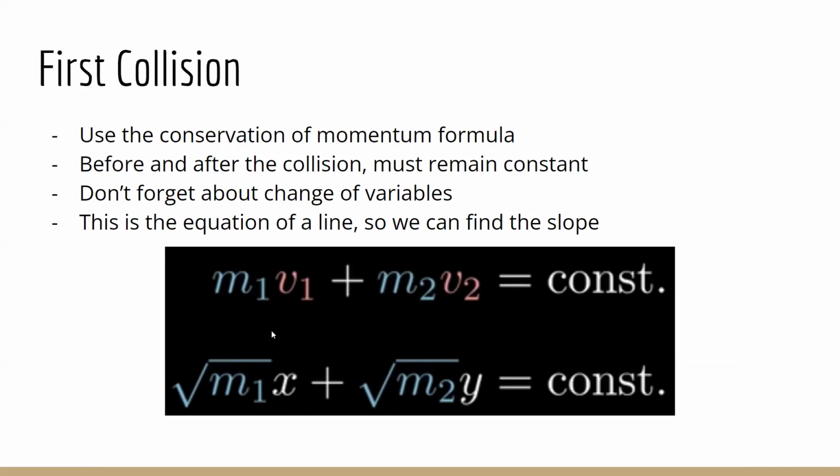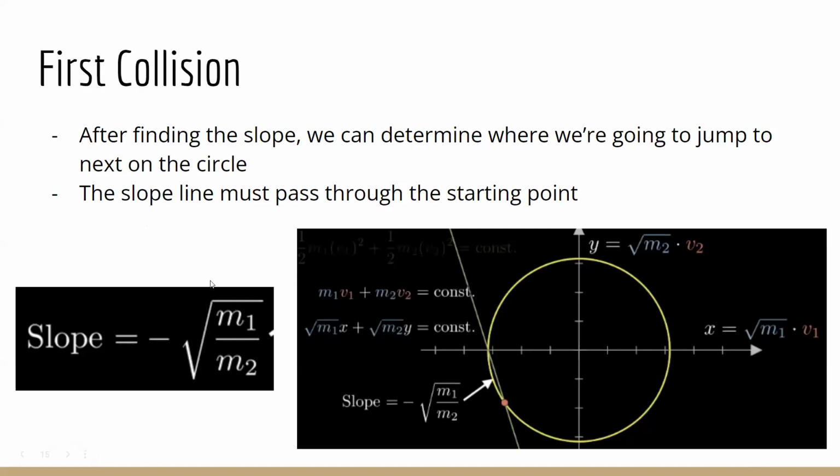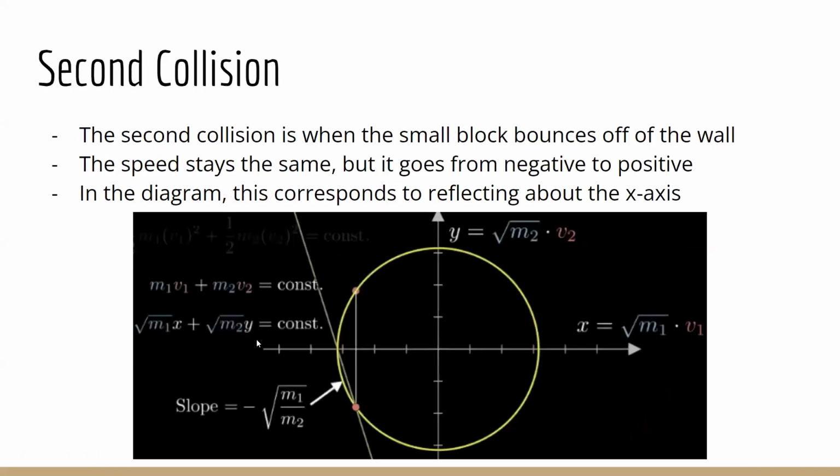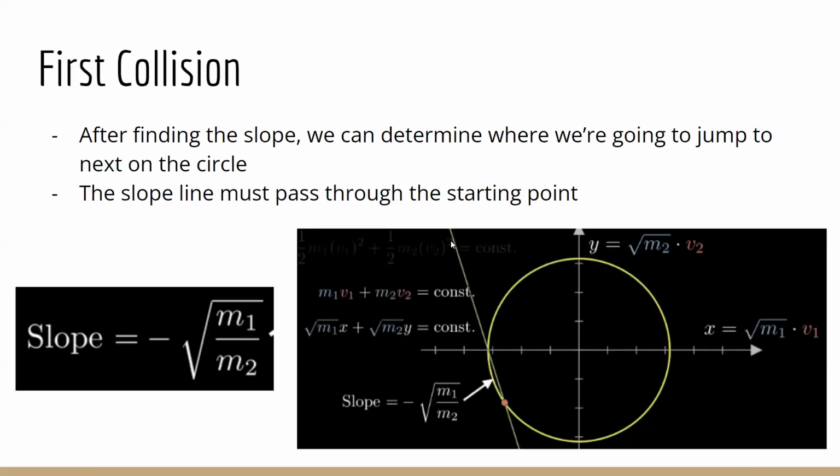We can see that this is actually the equation of a line, so we can find the slope of this line. The slope looks like this right here. It's a negative slope. So after the first collision, this is our slope. This is going to be after the first collision.